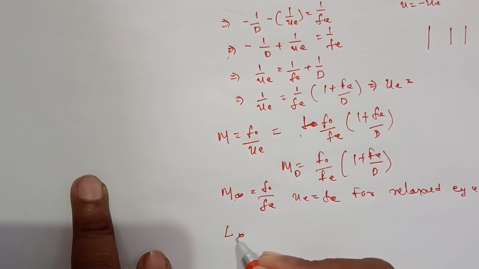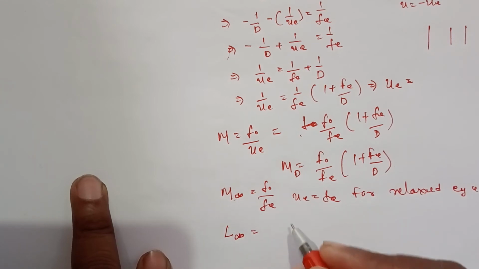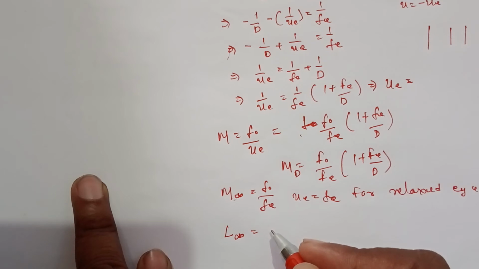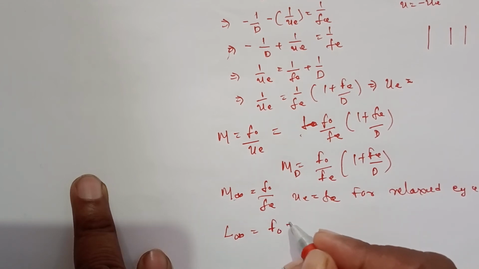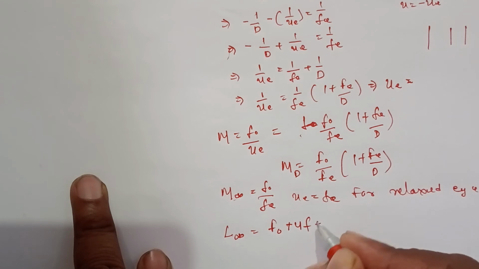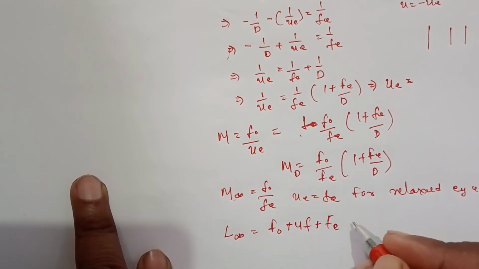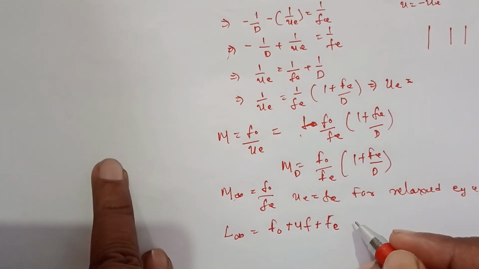L infinity is the incremented length of the terrestrial telescope as compared to the astronomical telescope by 4f. By the introduction of the lens we have a 4f increment in length in the case of the terrestrial telescope.